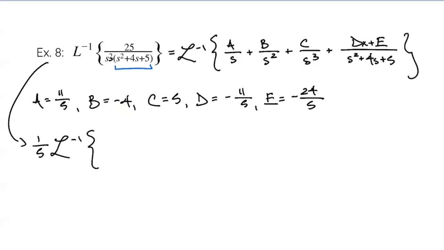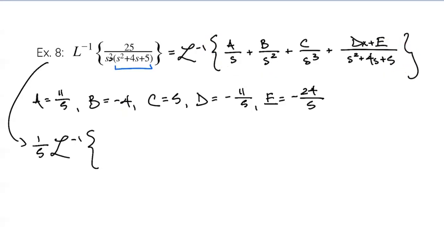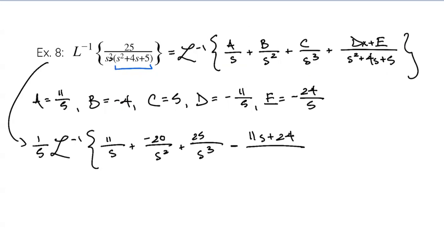It'll avoid me having more fractions inside of my Laplace transform. This will leave me with 11 over s plus negative 20 over s squared plus 25 over s cubed minus 11s plus 24 over s squared plus 4s plus 5.